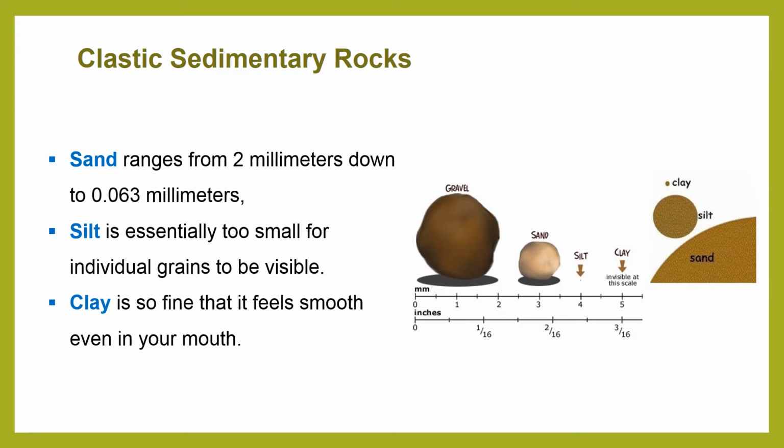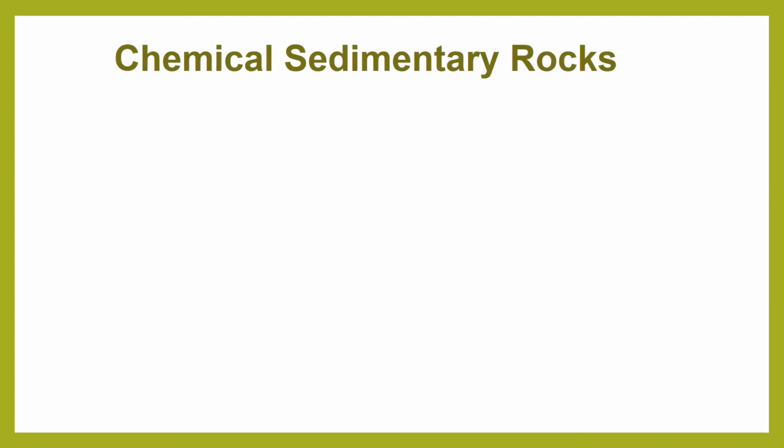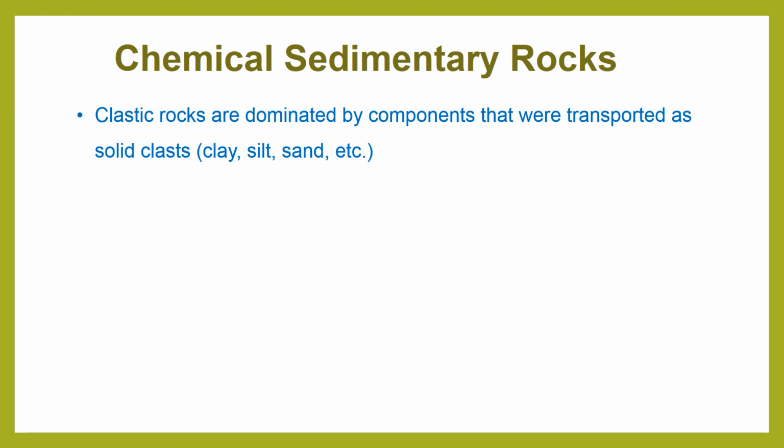Okay, let's move on. Now this is the second type of our sedimentary rocks, which we call chemical sedimentary rocks. As we have seen before, the clastic rocks are dominated by components that were transported as solids, like clay, silt, sand, etc. So how about chemical? Is there a similarity?